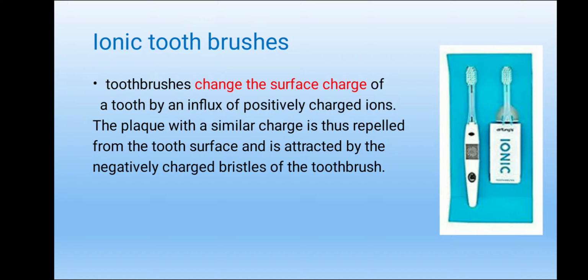So the plaque with a similar charge, that means plaque with positive charge, is repelled from the tooth surface and is attracted by the negatively charged bristles of the toothbrush.